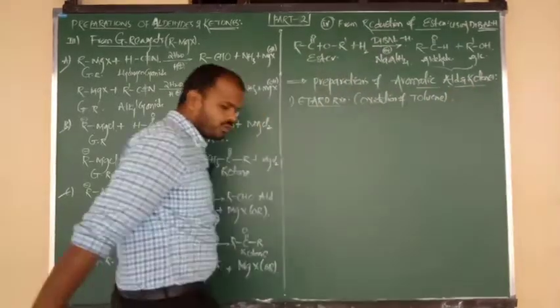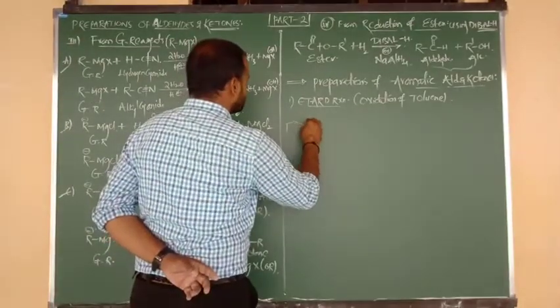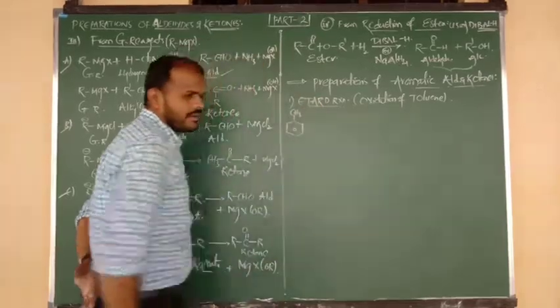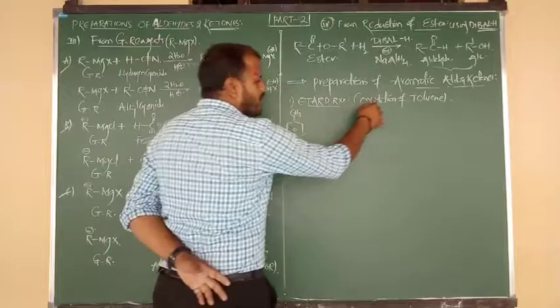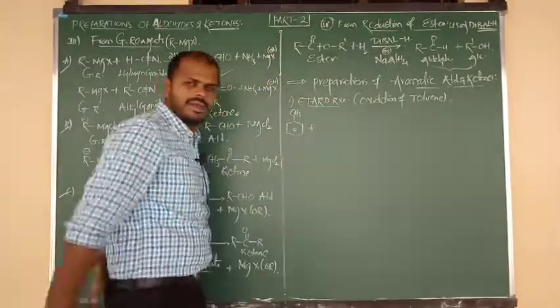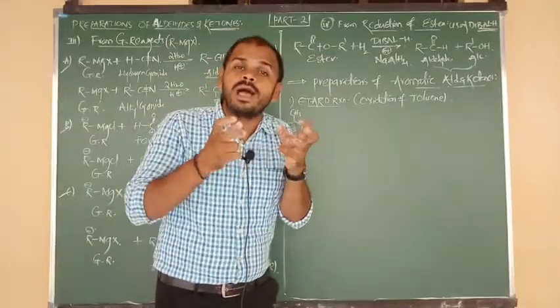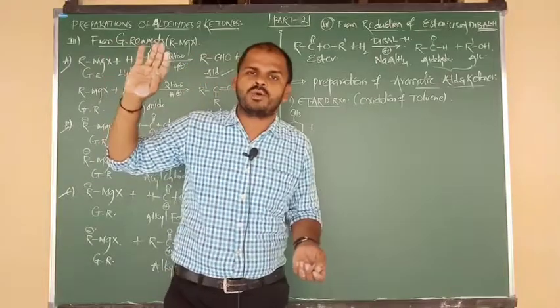Now I am going to give the explanation. Toluene, what do you mean by toluene, beta? Simply we have to consider methyl benzene, we can say toluene. Methyl benzene upon oxidation with what? Here we require one oxidizing agent, that is nothing but chromyl chloride. This question has repeated in previous competitive exams.